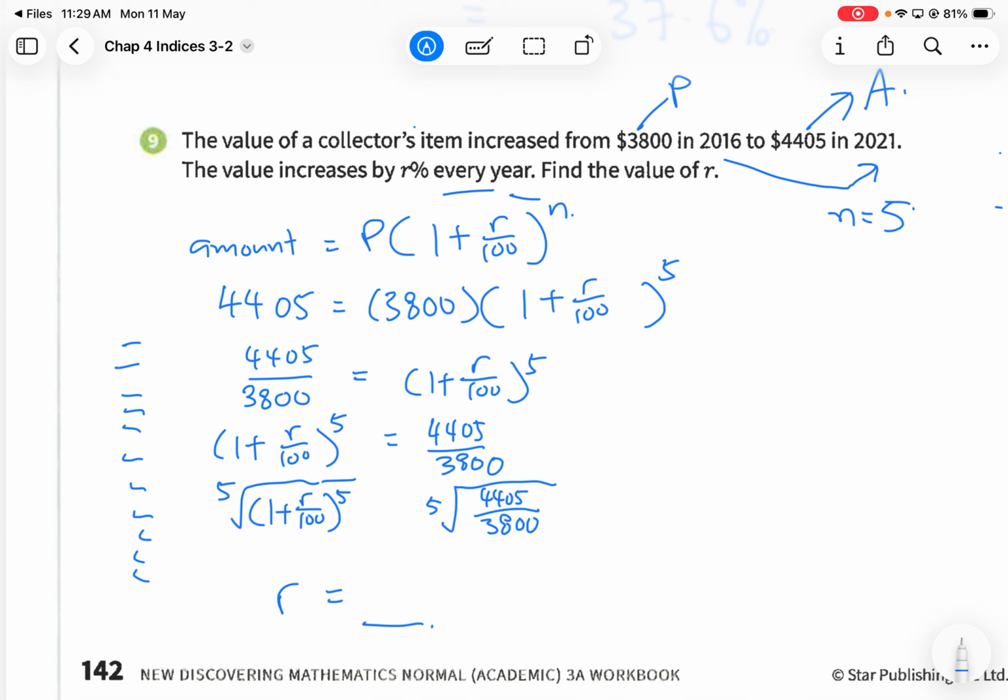Then this is a number that I can calculate. I use my calculator. I want to take the fifth root. Again, it is this button, but I want the yellow version of this button.